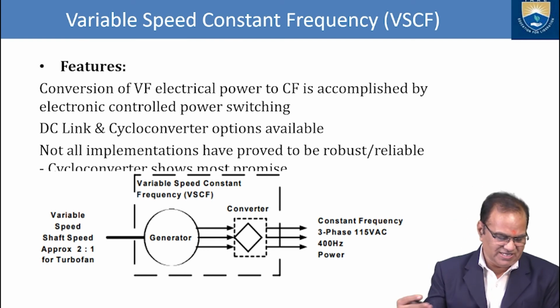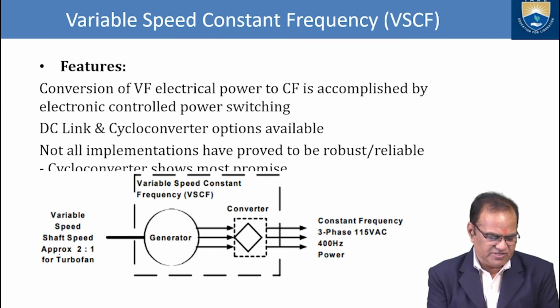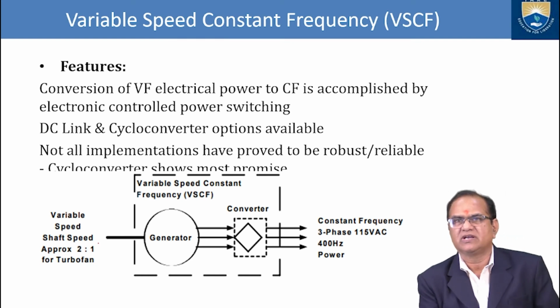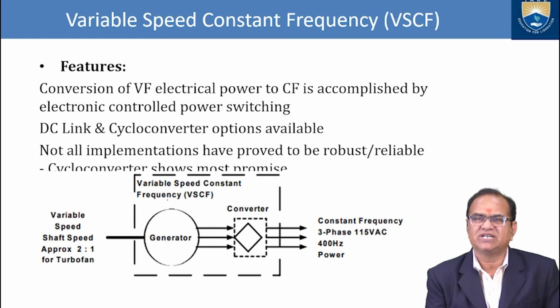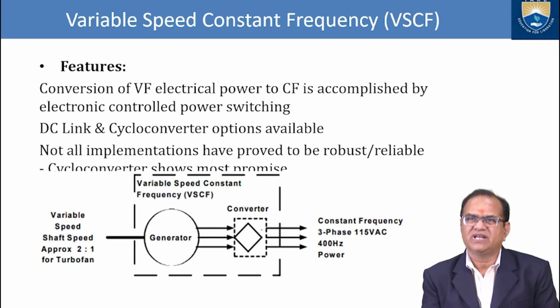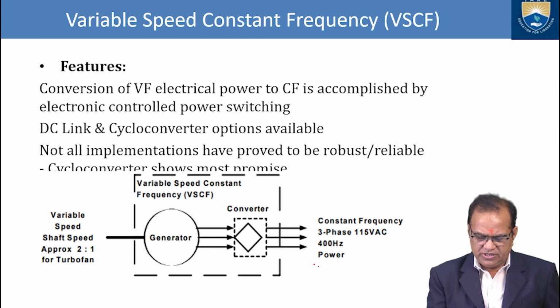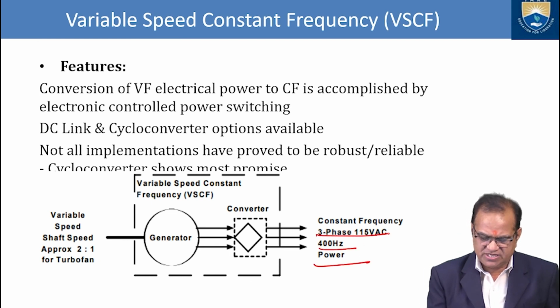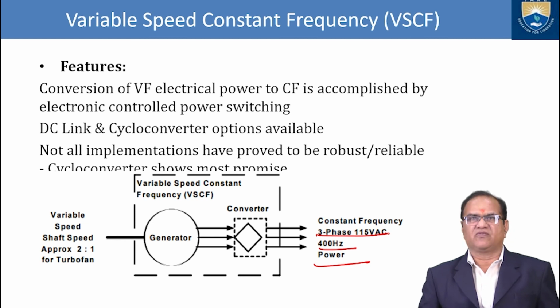Here you can see the variable speed, approximately 2:1, the variable speed constant frequency VSCF generator and converter, giving constant frequency, 3-phase 115 volt AC, 400 hertz power. So we can get a constant voltage and constant frequency.